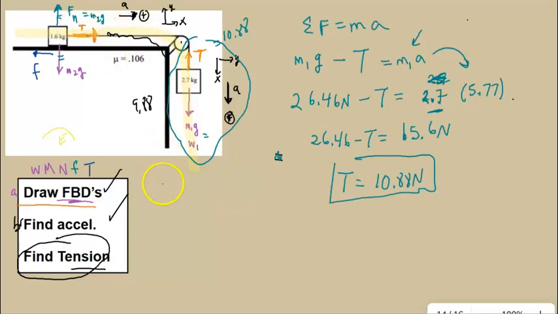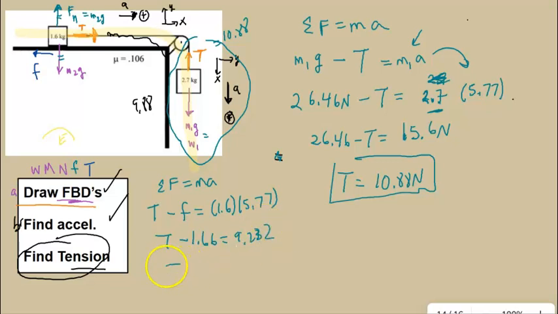You could also check your work by doing sigma F equals MA for this object: tension minus friction equals its mass times the acceleration. So tension minus 1.66 equals 9.232, and add 1.66 to both sides, and you get 10.89.